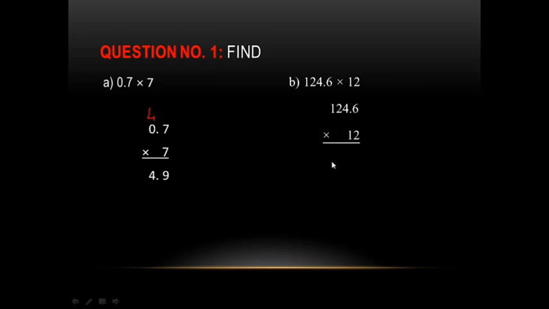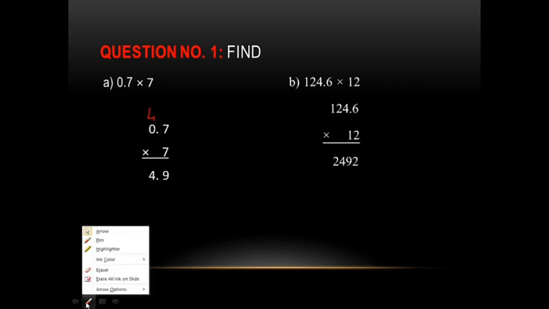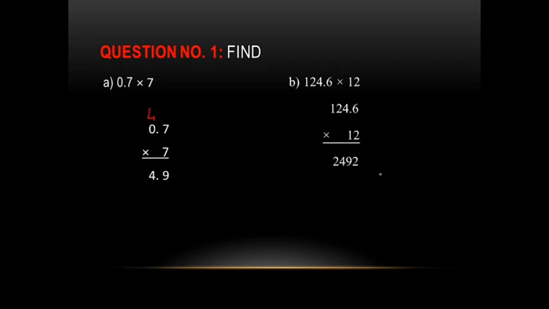So multiplying by 2, we get 2496. How did we get 2496? 2 into 6 is 12, so we write 2, carry 1. Then 2 into 4 is 8, and 8 plus 1 is 9. Then 2 into 4 is 4, and 2 into 1 is 2.